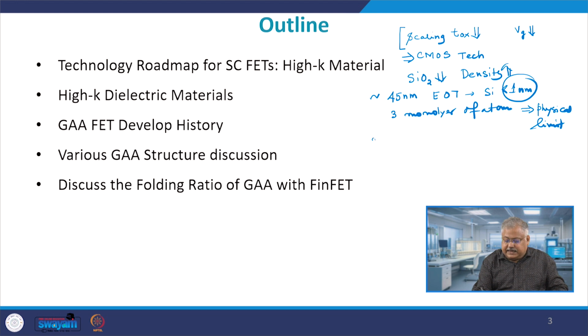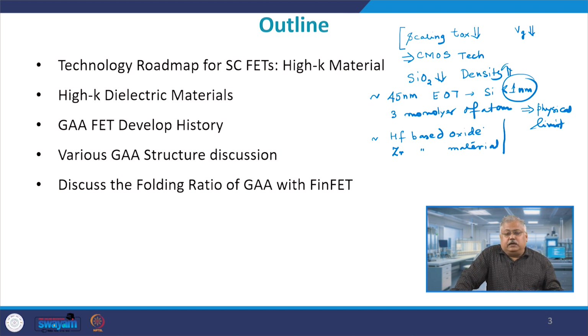So, there are many candidates which are there. One of these is hafnium based oxides. There are a large number of hafnium based oxides available. Then there are zirconium based materials and oxides, right, which also act as an insulator without degrading the interface.